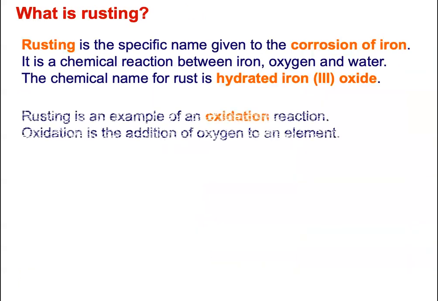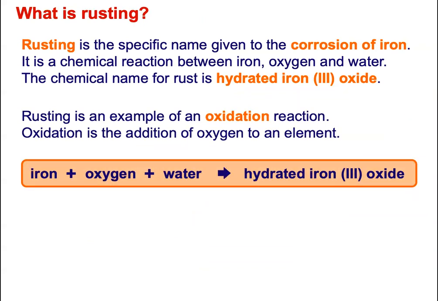As I said, rusting is the corrosion of iron, and you do need to remember this equation. Iron plus water plus oxygen produces hydrated iron oxide. This is that brownish substance which forms on top of iron, which we call rust.